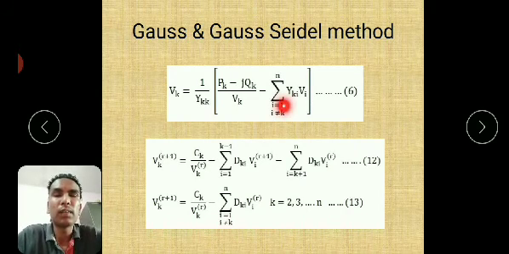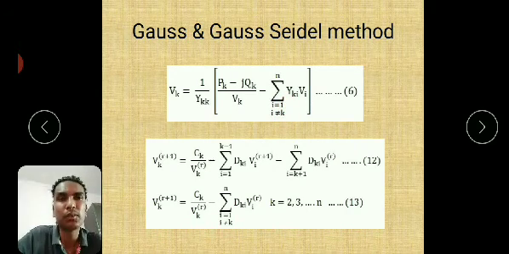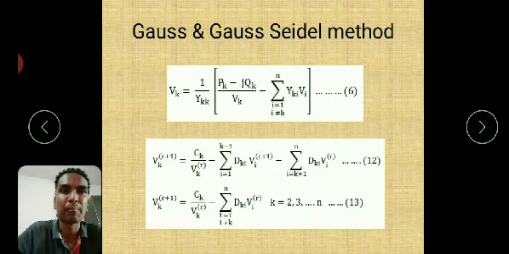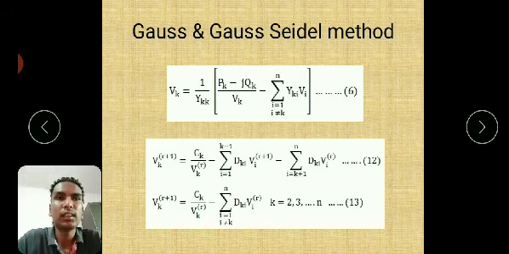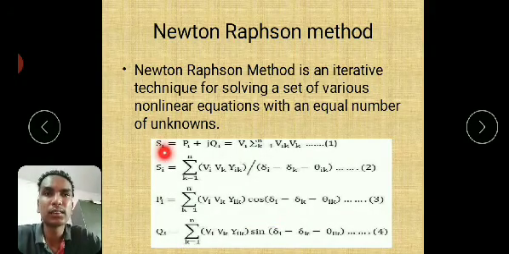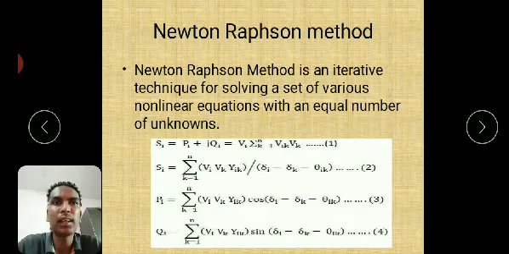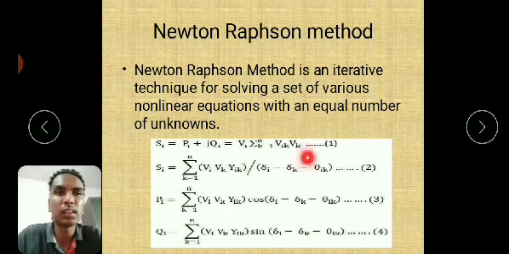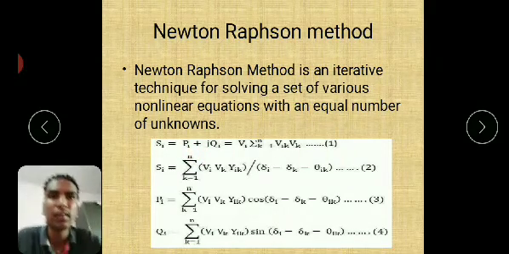This comes from the power flow equations in the system. The power flow equation we can understand in the next slide. This is Newton-Raphson, but I am not telling you the Newton-Raphson; I am telling you the first equation.